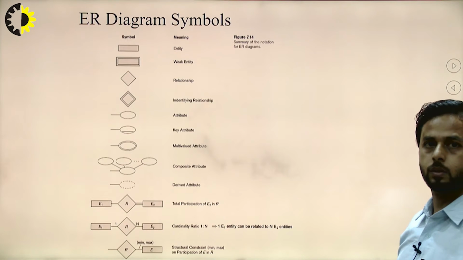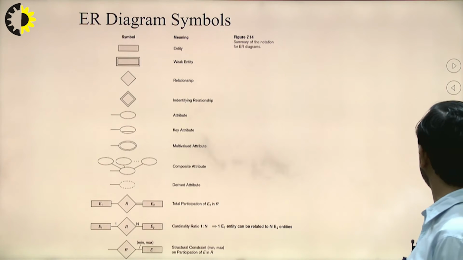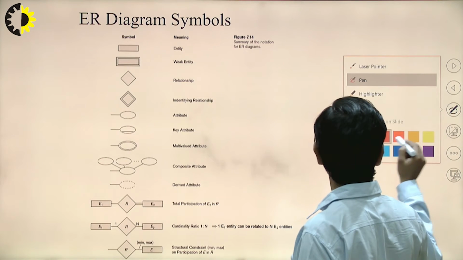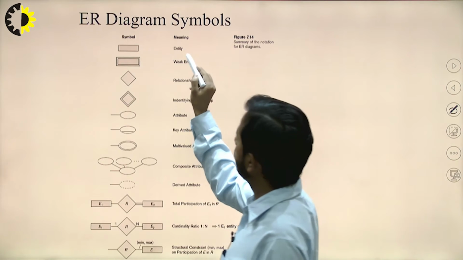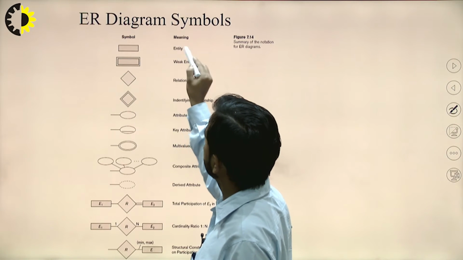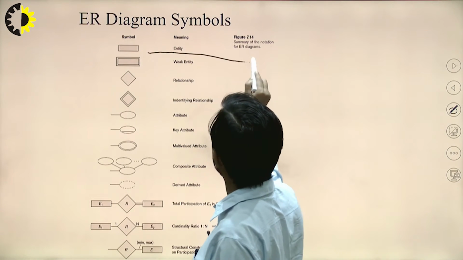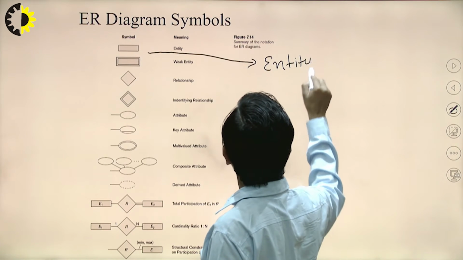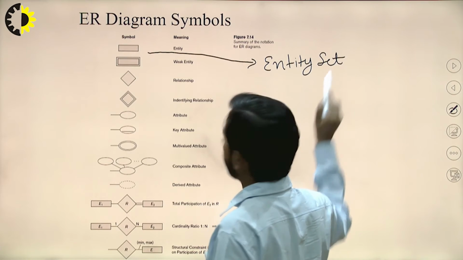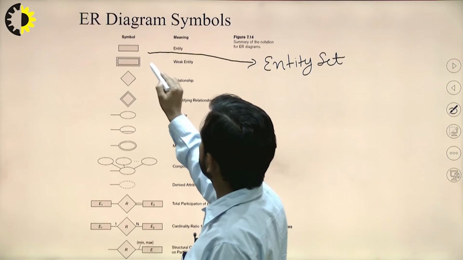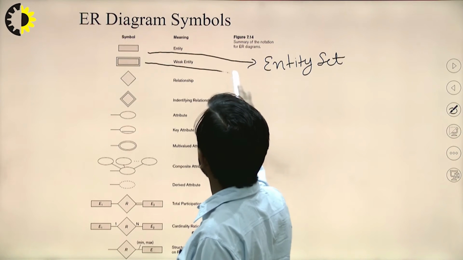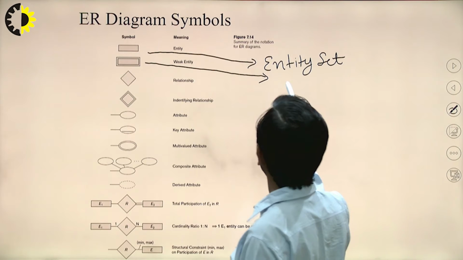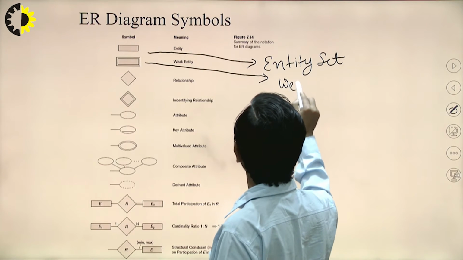Now let us look at some symbols of the ER diagram. This rectangular box shows that it is an entity set. This double line rectangle shows it is a weak entity.